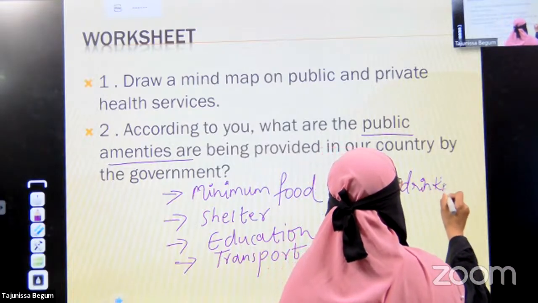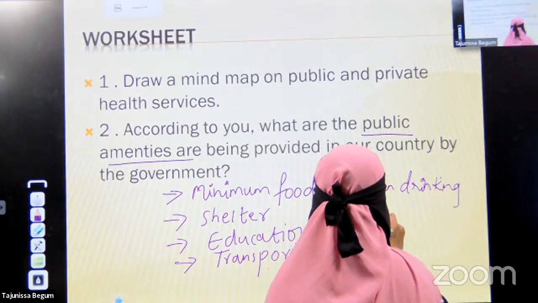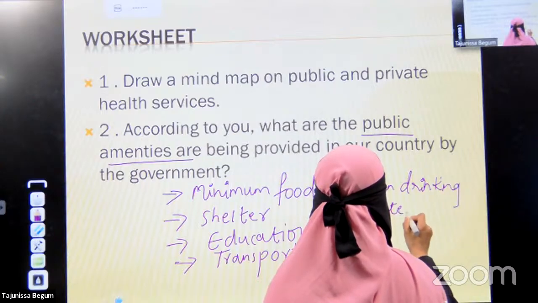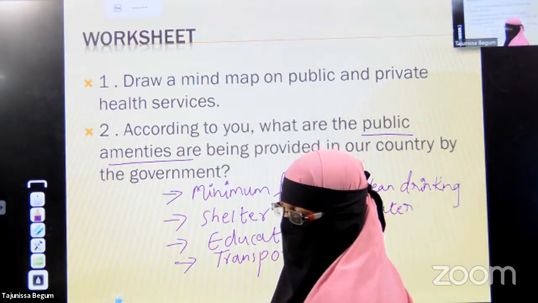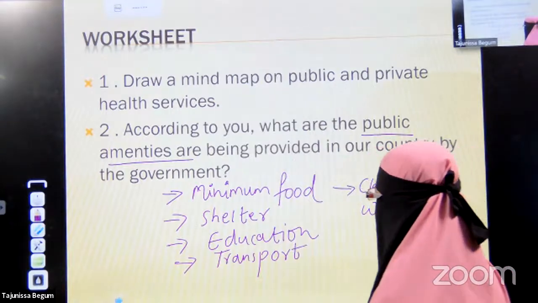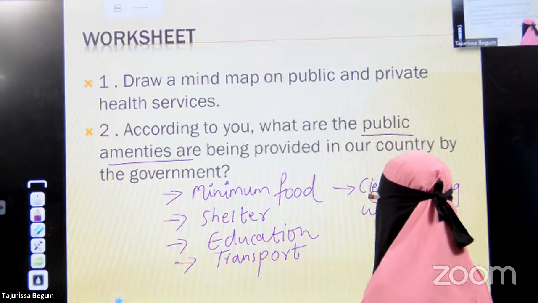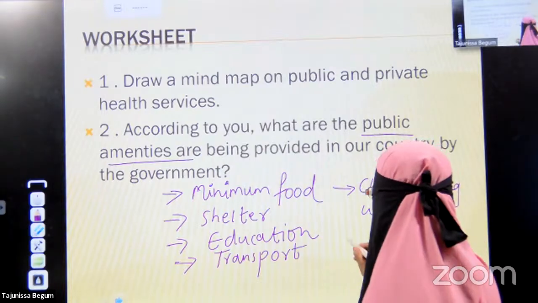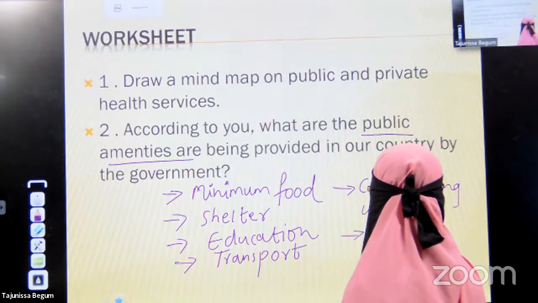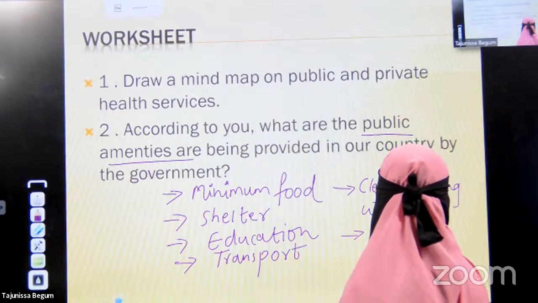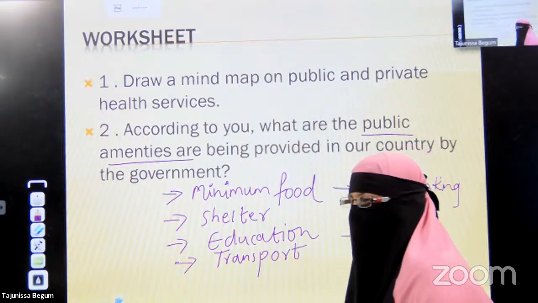So what more facilities do we want? Food, clothing, shelter, education, and what more do we need? Even we need jobs. The government should provide jobs to us. So these are the things which we expect from the government.